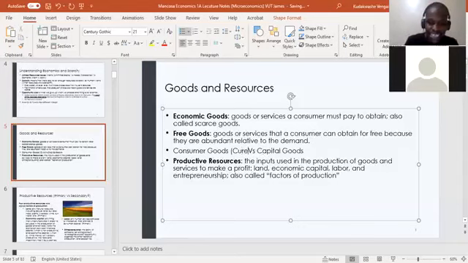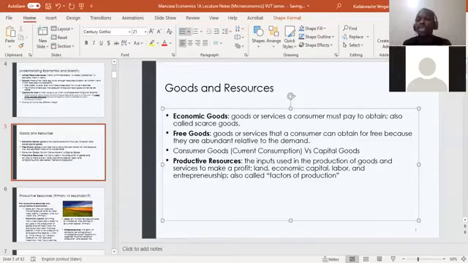So an example of a consumer good is going to McDonald's and purchasing a burger and eating it, or going to Game and purchasing your refrigerator and putting it home, plugging it into the wall and consuming. Whether it's durable or non-durable, it doesn't really matter. It's still part of consumer goods. They are goods that you purchase for the purpose of consuming right now.